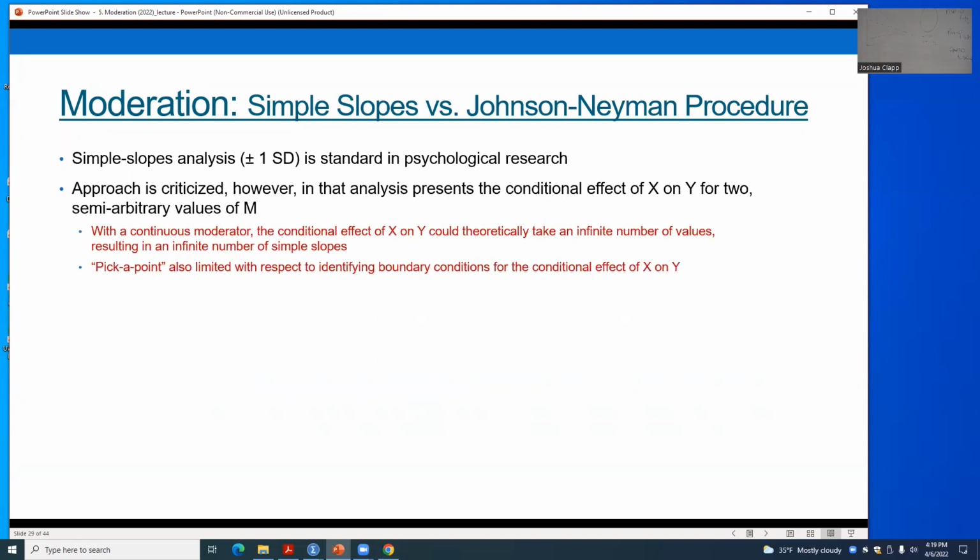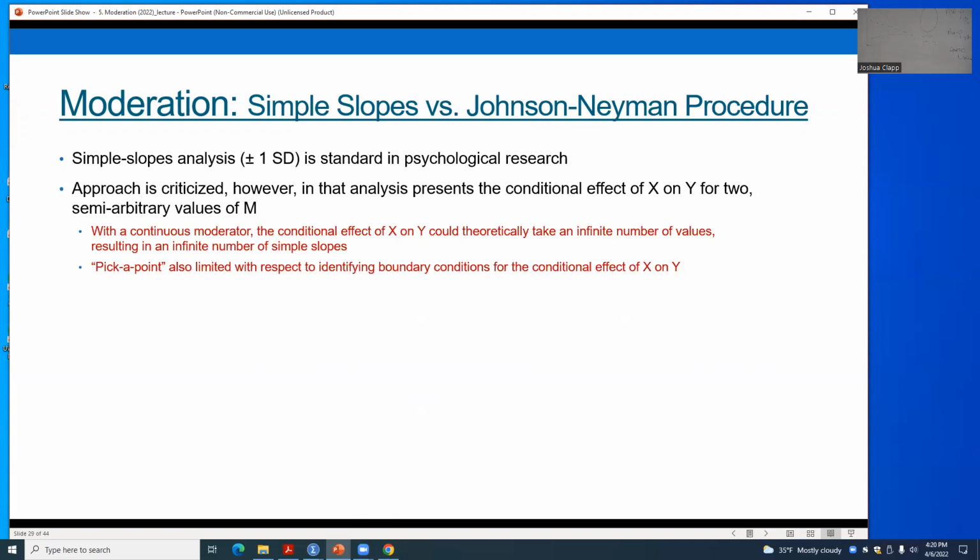Because all we get when we run those simple slopes analyses is a measure of the effect of X on Y at two specific points. And if we're working with continuous measures, there's an infinite number of points we could run those simple slopes at. We've decided a standard deviation above or below, but there's all sorts of different places we could do that. Depending on the research question, there might be points along the moderator that become more relevant than others, right?